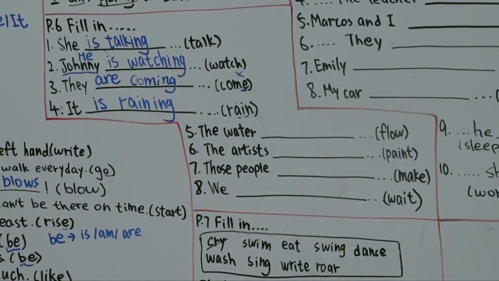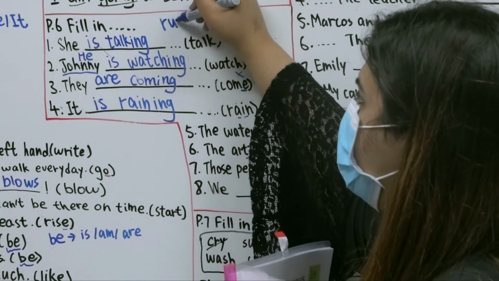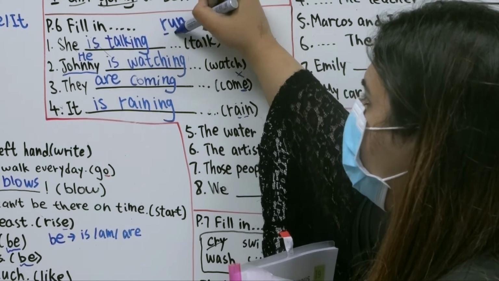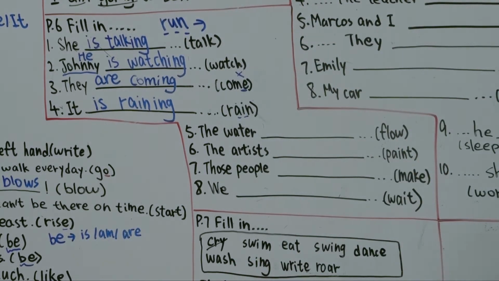Okay, next one. So, let me tell you, if there is a consonant, vowel, consonant word, just like run, right? Run. Consonant, vowel, consonant. How do we change it to ing form?